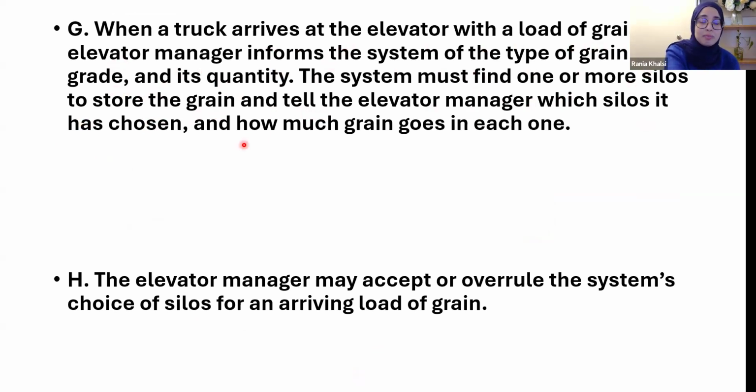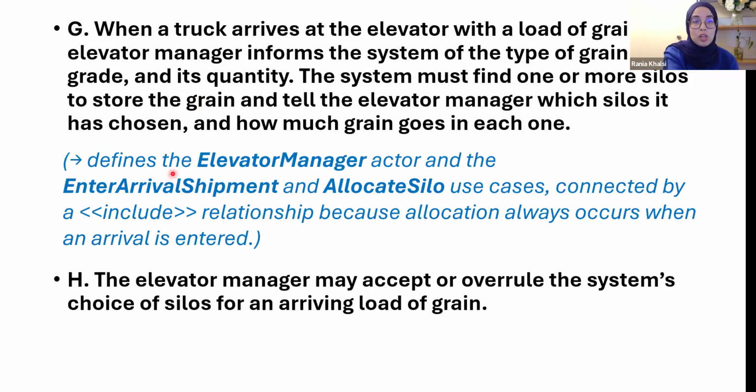So from this paragraph, in addition to the elevator manager as an actor, we can have information probably about another functionality that he can do. So this elevator manager can also enter an arrival shipment, and he can allocate silo, which are use cases that we will discuss.